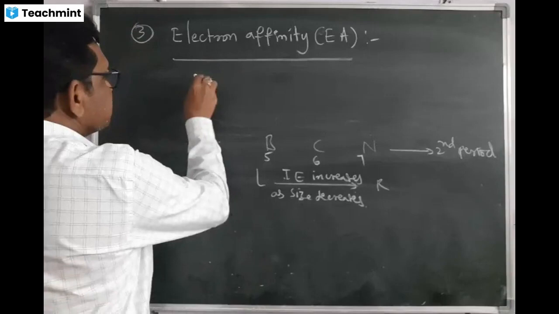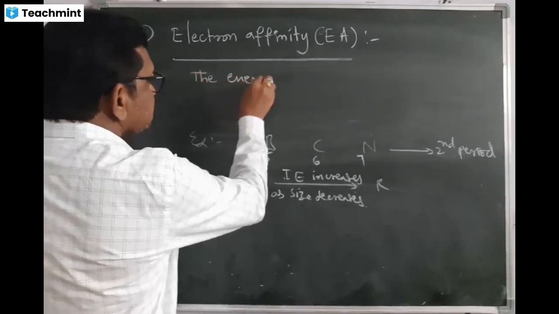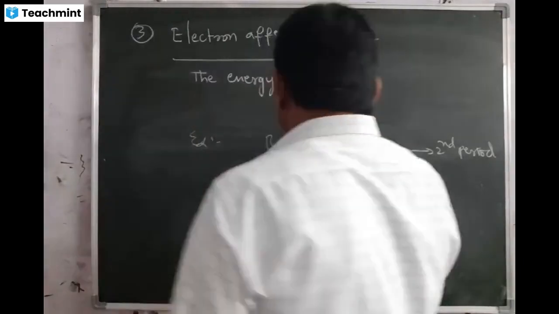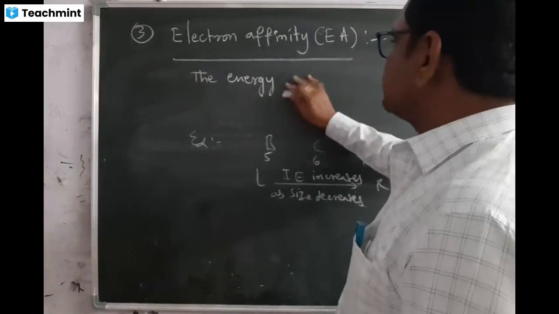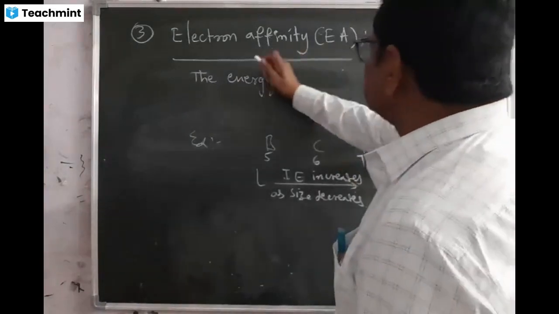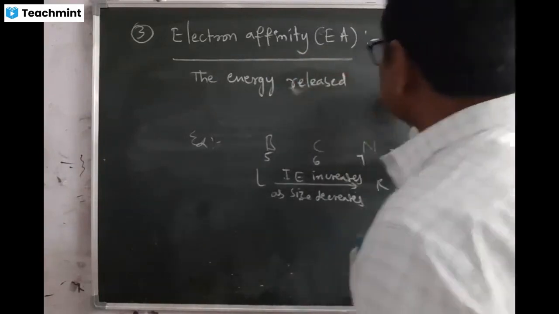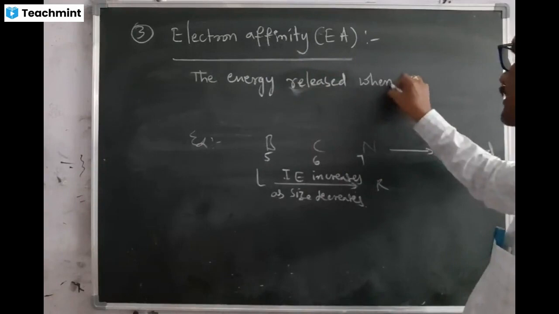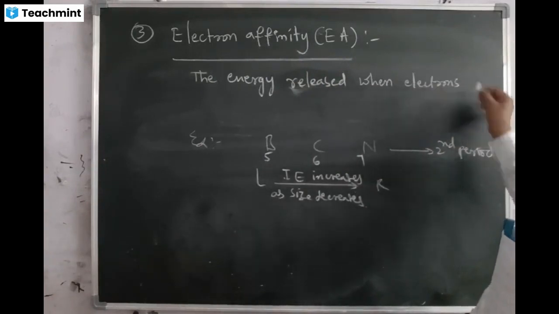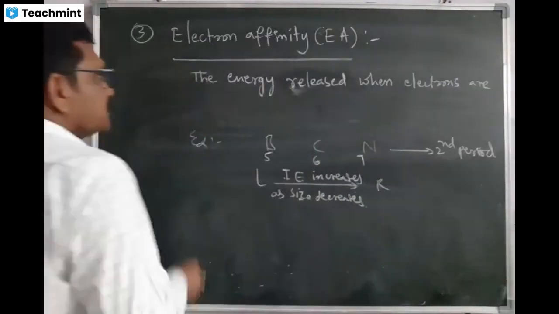So electron affinity means the energy released when electrons are added.